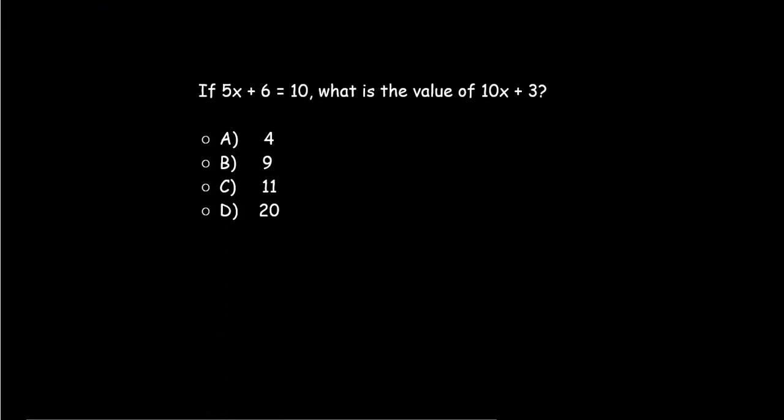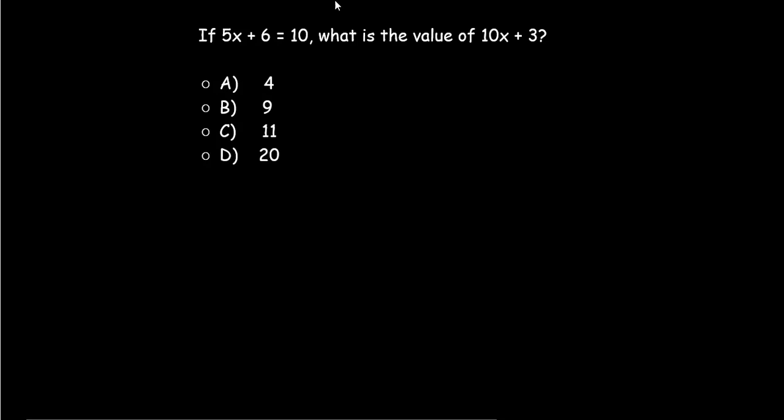The first example is a pretty straightforward one. If 5 times x plus 6 equals 10, what is the value of 10x + 3? The first most important thing is to figure out the value of x. So 5x + 6 = 10.